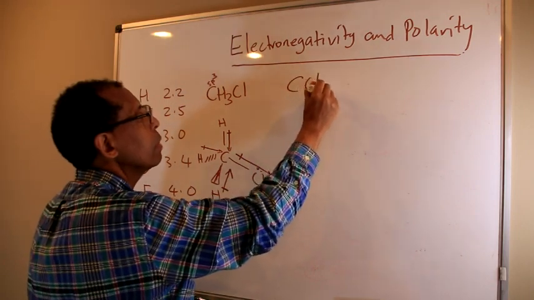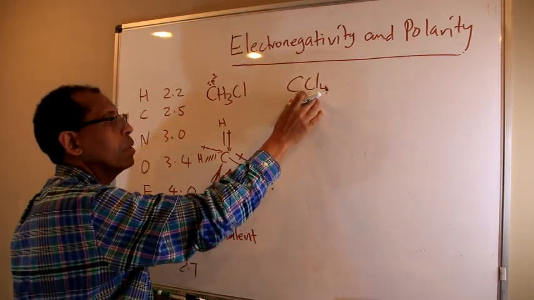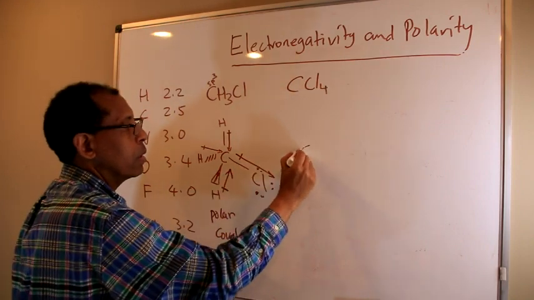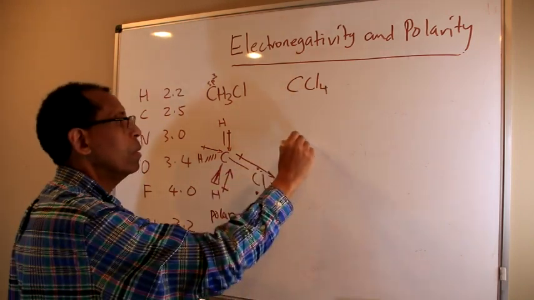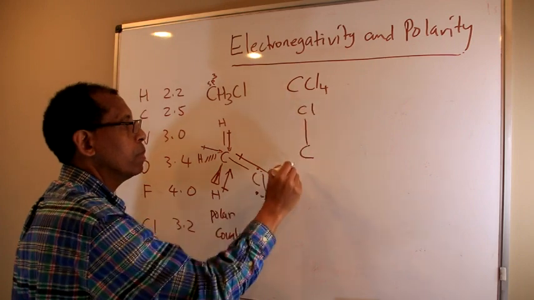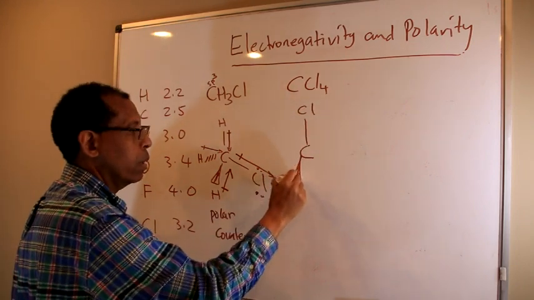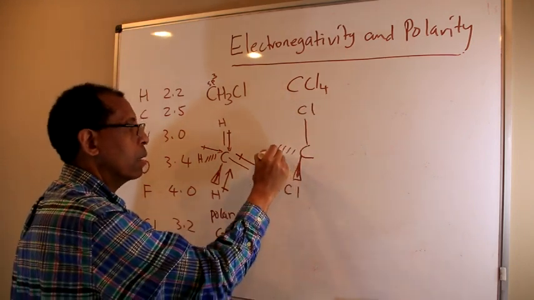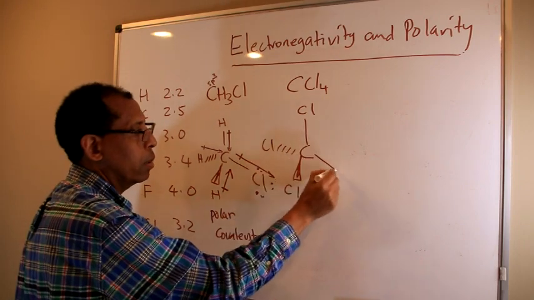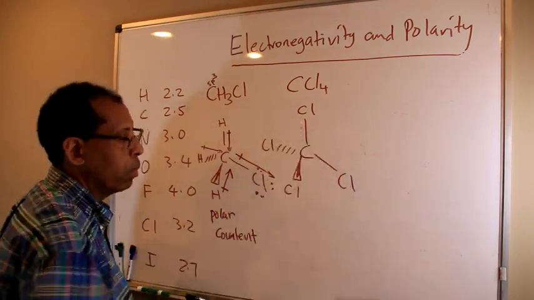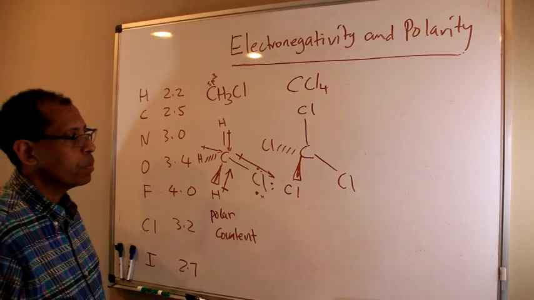CCl4, carbon tetrachloride, the central atom is carbon, with chlorine, another chlorine out, another chlorine in, another chlorine on the plane of the board.